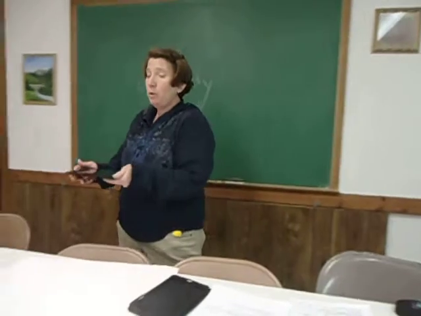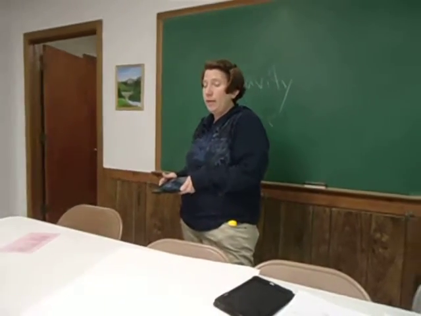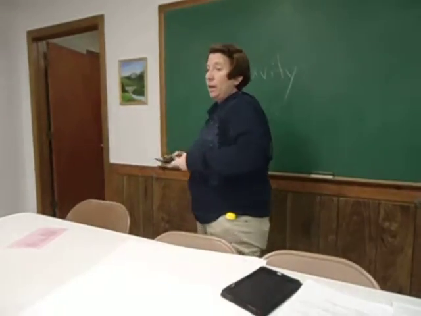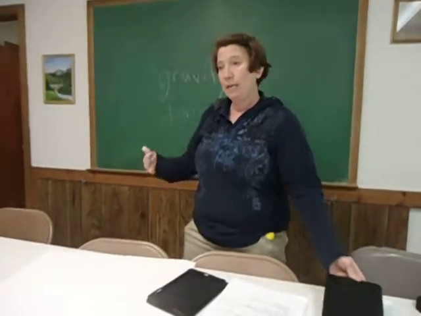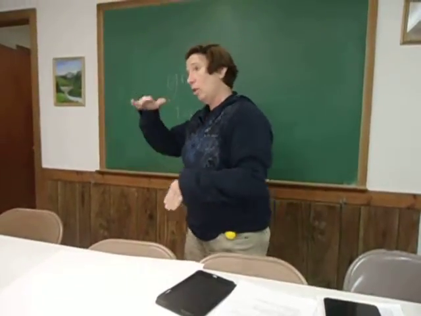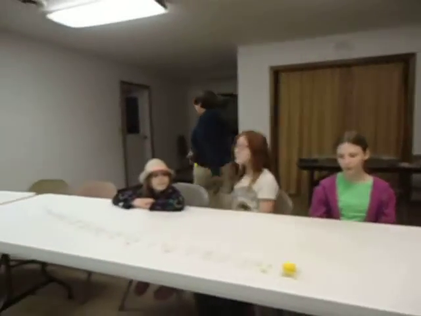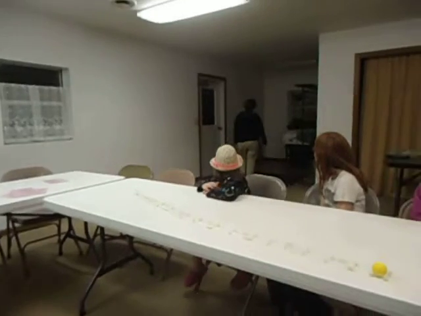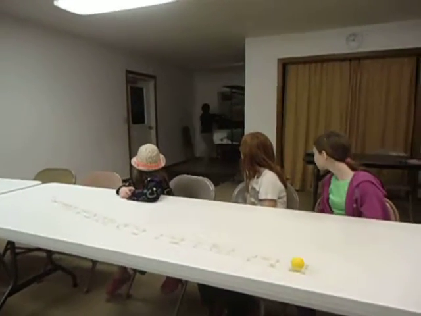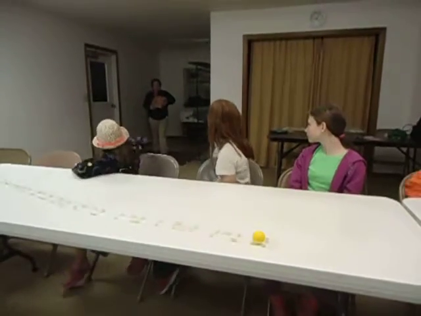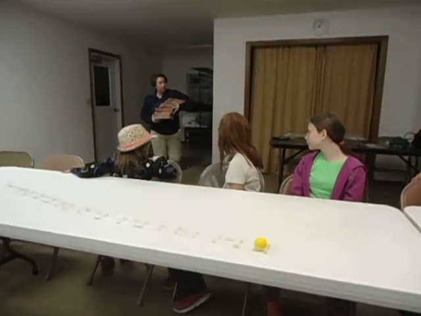Okay, so basically what we're going to do is we're going to play with our incline, and we're going to see if we can get our ball to go uphill. What do you think we're going to have to do to get our ball to go up the hill? Force it. Or have it go downward and go up.